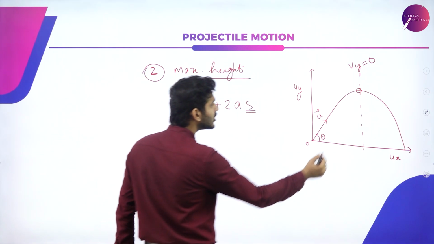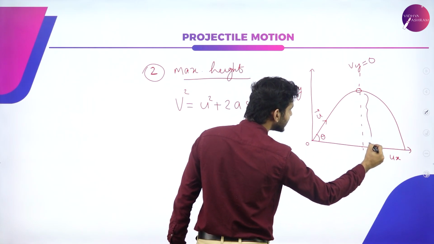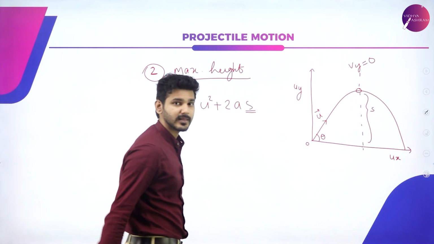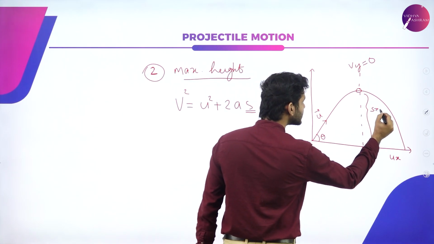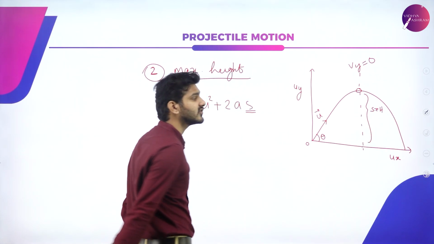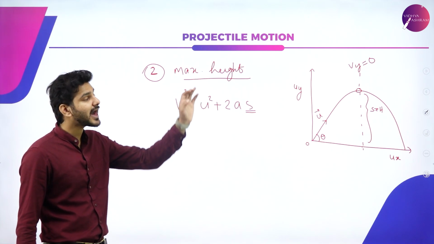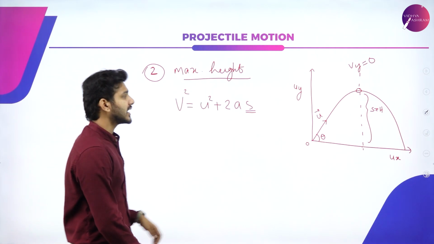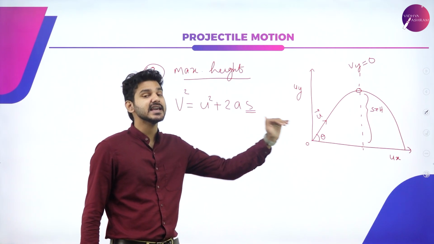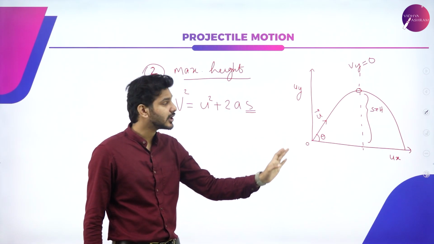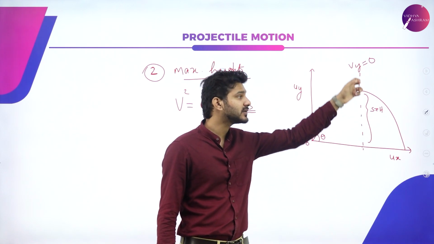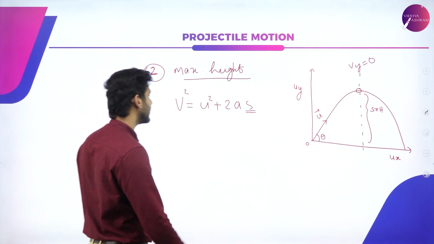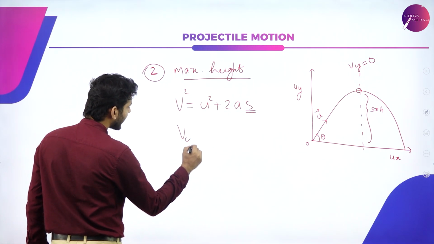In this particular case, that displacement is equal to the maximum height of this curve or parabola. Again, we don't need anything in the x-axis because we are only finding the y components. What is the maximum displacement?